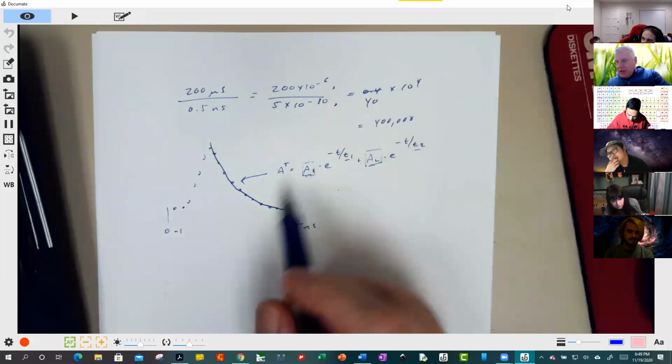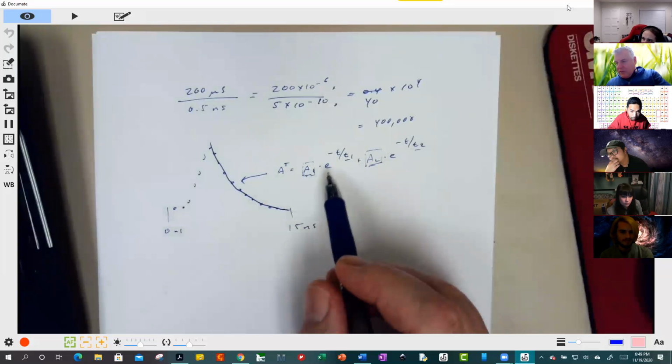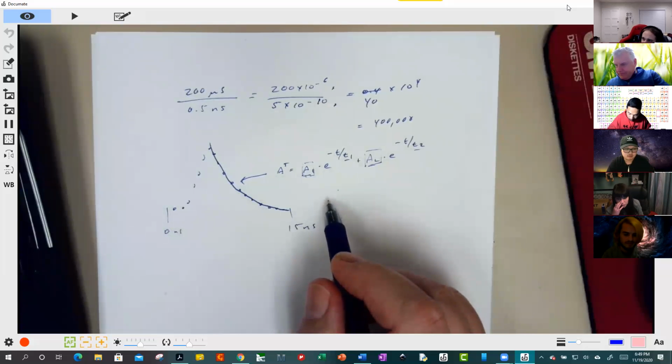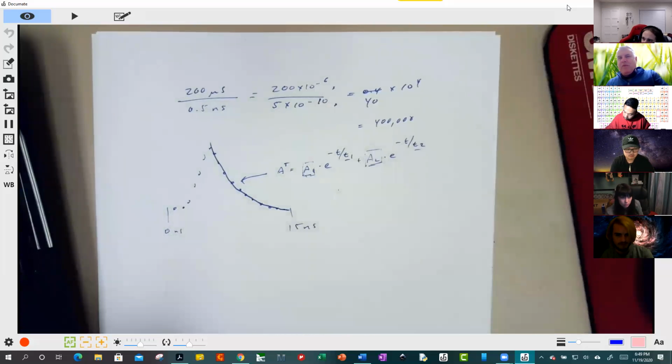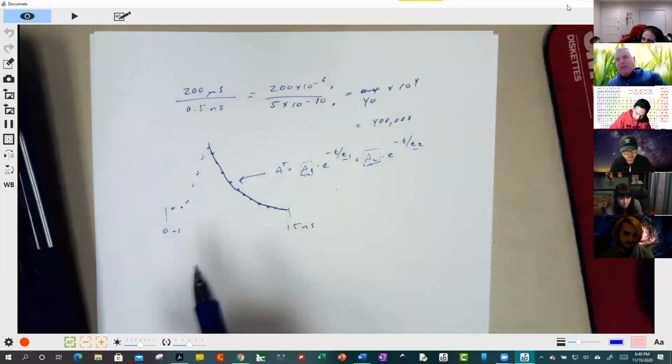Yeah. So when you have the sum of exponentials, you're very hamstrung mathematically, because you can't take the log of both sides.